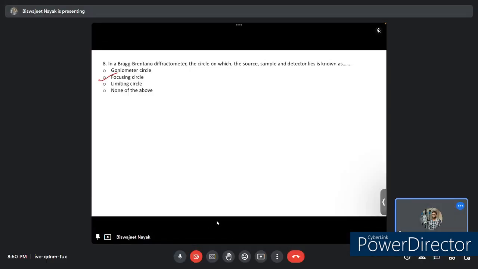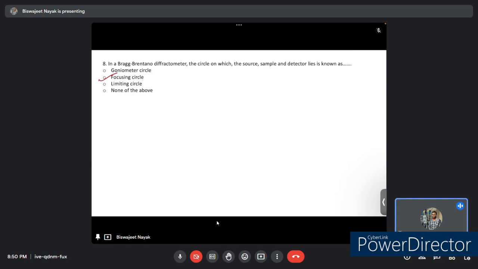In a Bragg-Brentano diffractometer, the circle on which the source, sample and detector lie is known as the focusing circle. X-rays diverge from the source.